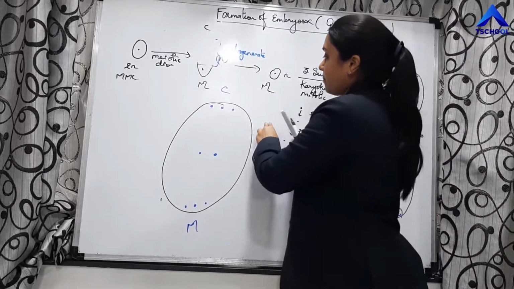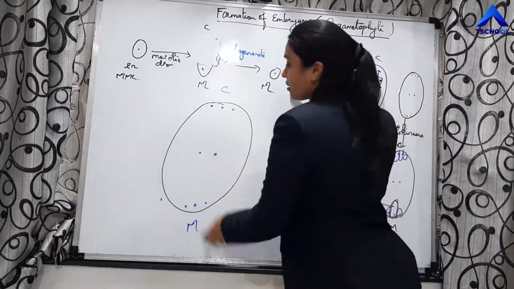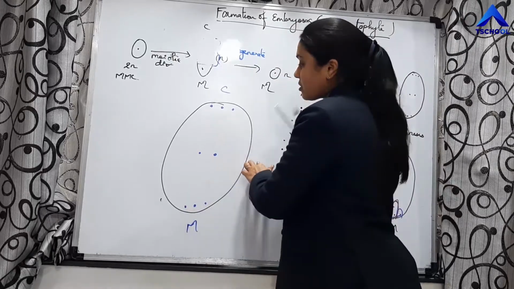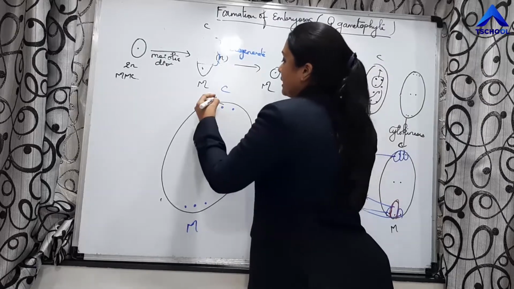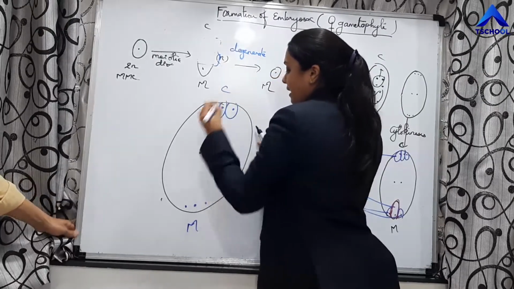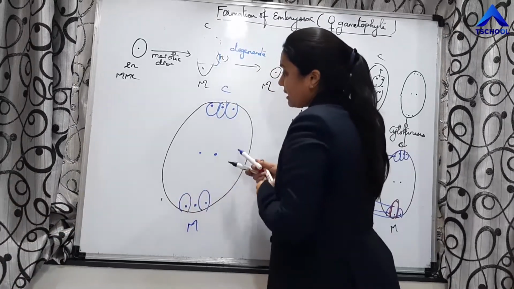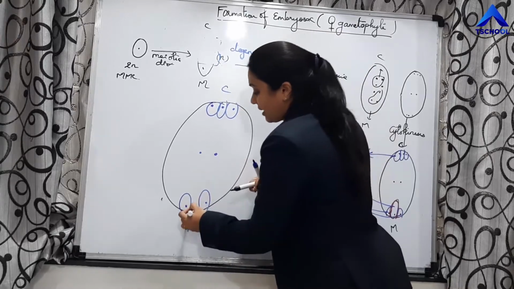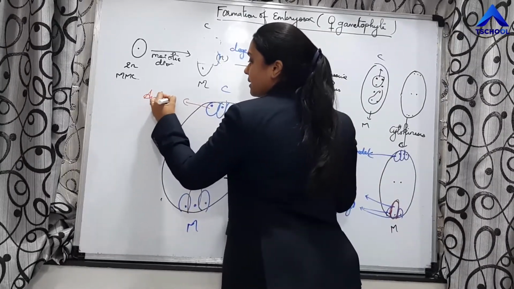So in total, 3 plus 3 plus 2, that is 8 nuclei are present. We know that there was cytokinesis at the chalazal end as well as at the micropyle end. The cells towards the chalazal end are called antipodal cells.